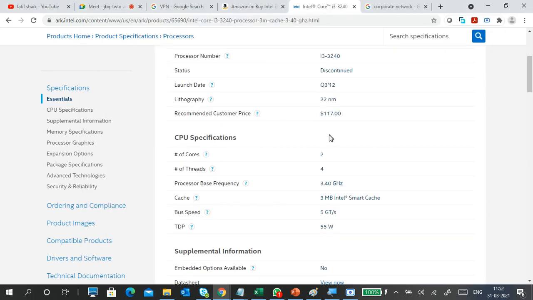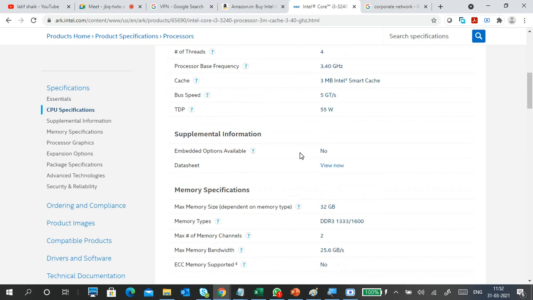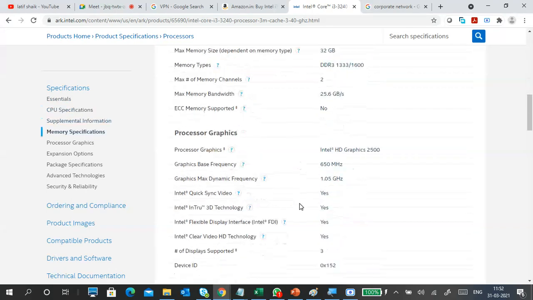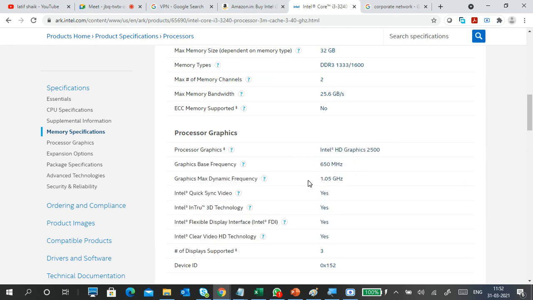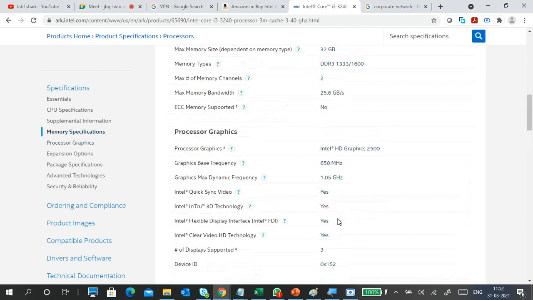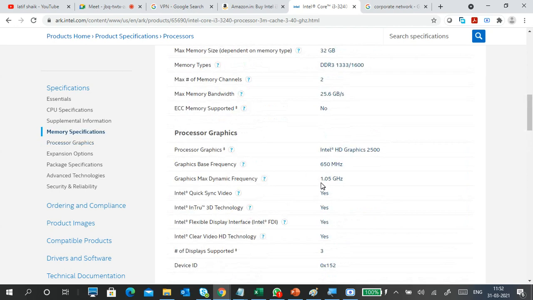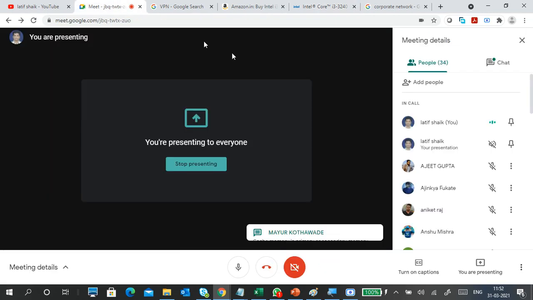Sometimes certain processors don't have any graphic memory. This one has some, processor graphics is HD Graphics 2500, with some frequency for the graphics. Last time I purchased a processor, it didn't have any graphic memory.